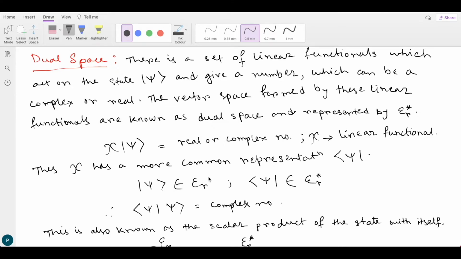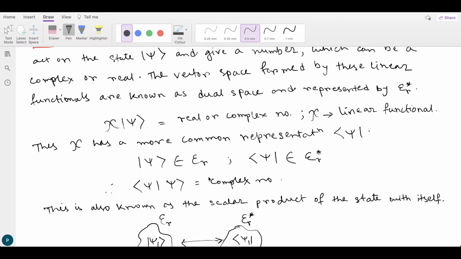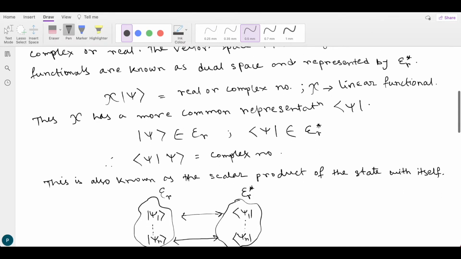And we know that the definition of a linear functional is that it acts on the state and gives a complex number. This is the notation of that operation, and later we will see that this is nothing but the scalar product of the wave function psi with itself.